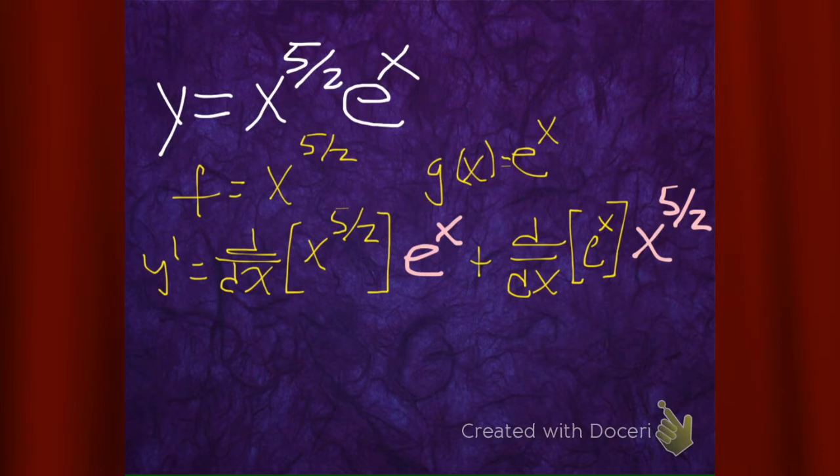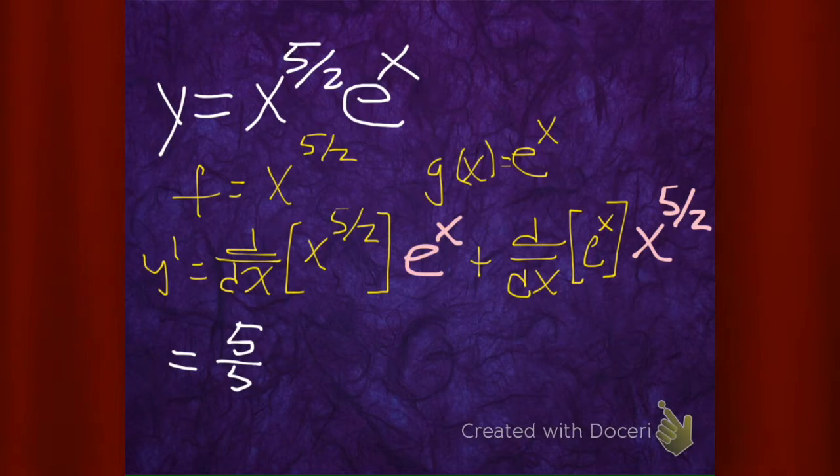Boom! Let's go and take those derivatives. What's the derivative of x to the 5/2? We take that 5/2 x, and then we subtract 1 from 5/2, which is 3/2.